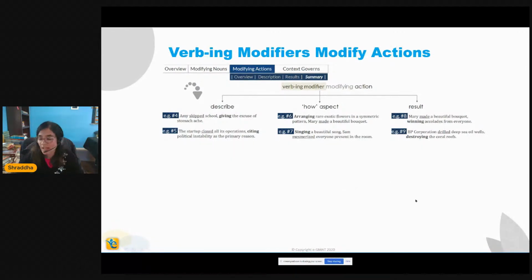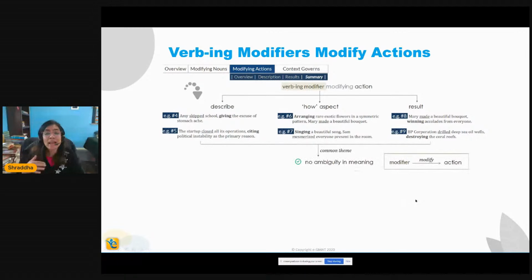Make a quick note of that, because this is how we analyze that. Okay, if it is a result, it must be written after the clause. However, you can see 6 examples on your screen right now, but every single example is following the same theme. All the modifiers present absolutely clear meaning.